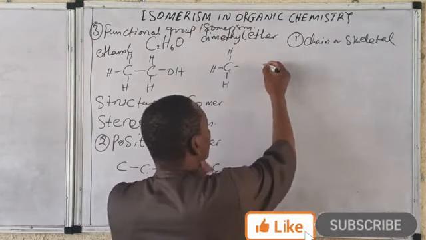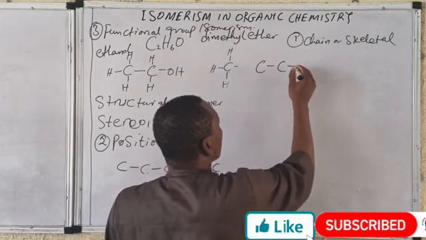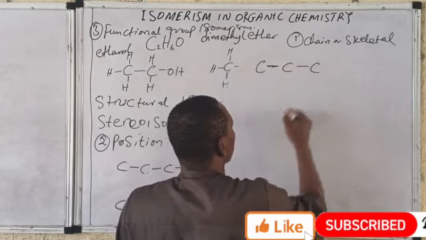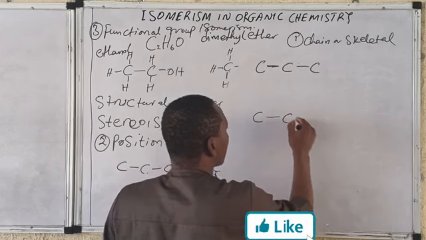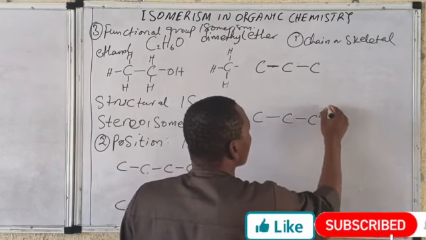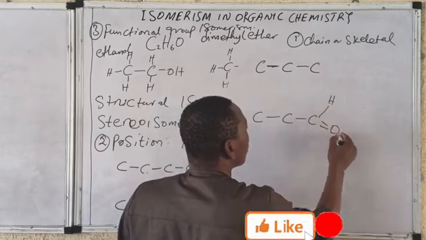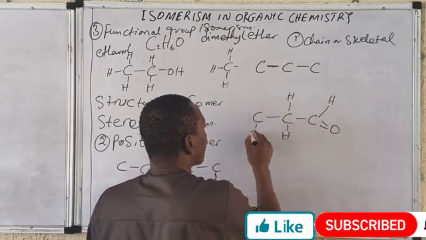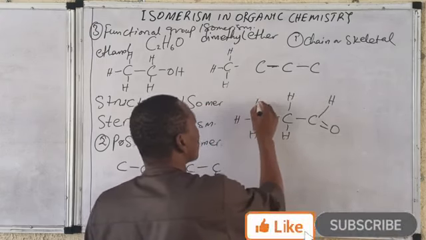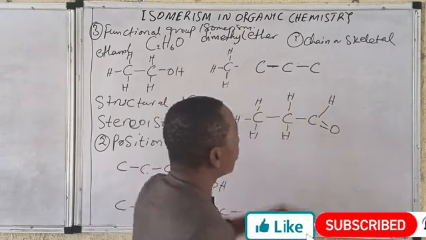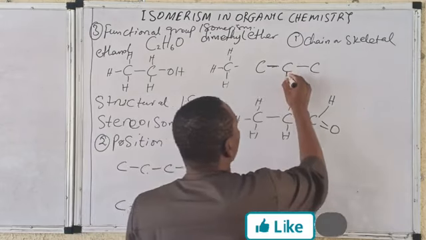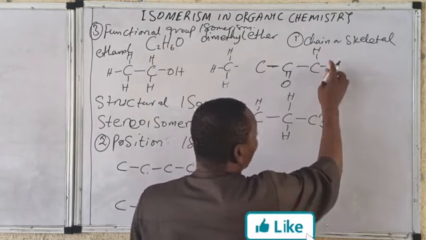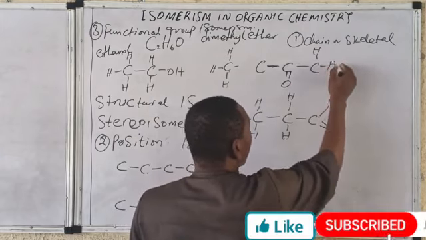We have C, C, C. Here is H, here is O, H, H. Now, this is propanal. While here, let's assume we have something like this, or I can put the functional group in this place. The same thing.